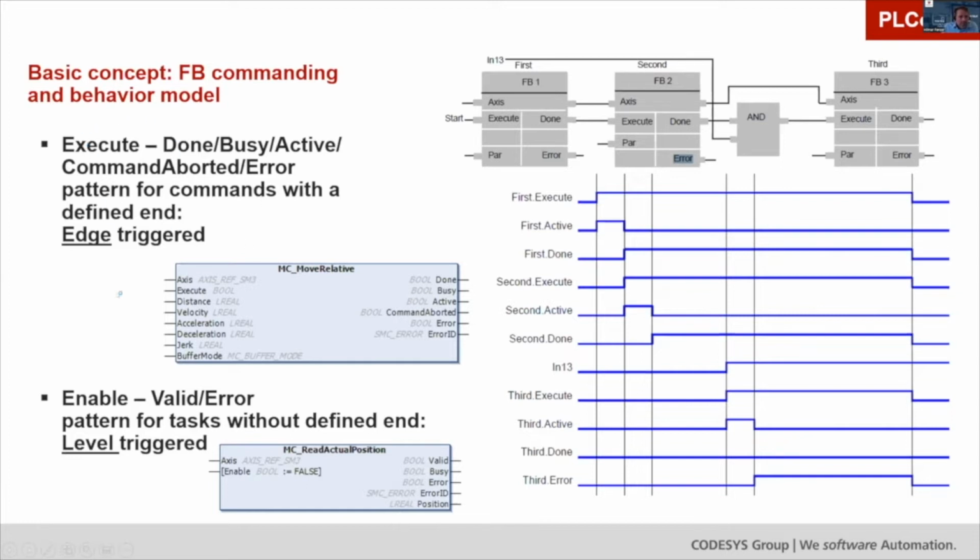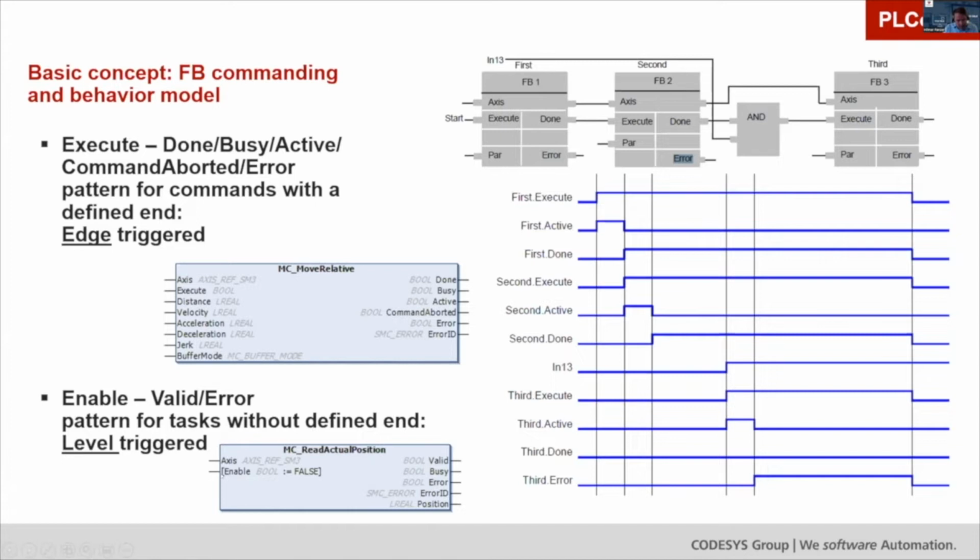Alternative to this pattern, there's another pattern that is used for function blocks that don't have this command-like function, but that work without a defined end, and they are level triggered. This is indicated with an enable input.